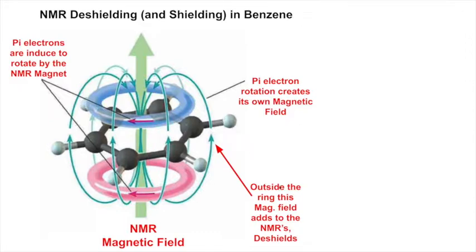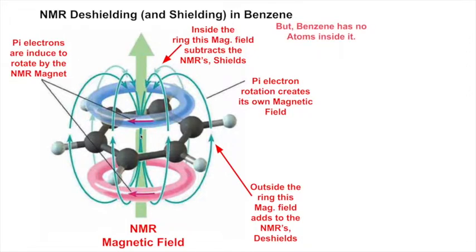So on the outside of the ring, you're actually deshielded by the pi. So the hydrogen's 1s orbital electrons are shielding a little bit, but then these pi bonding electrons are causing deshielding. On the inside of the ring, there's actually shielding going on. The inside of the ring's magnetic field subtracts the NMR and shields. So on the inside, there's less of a magnetic field felt, but there are no atoms in there. There's not a hydrogen or anything in there, so you don't really see the effects of that for benzene and NMR.